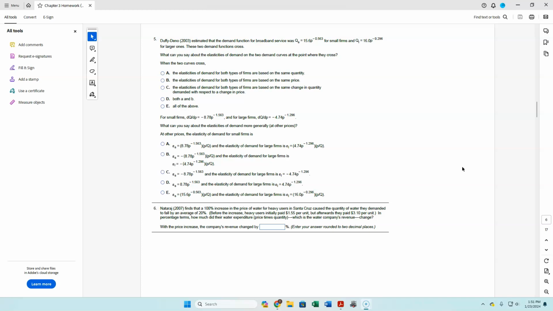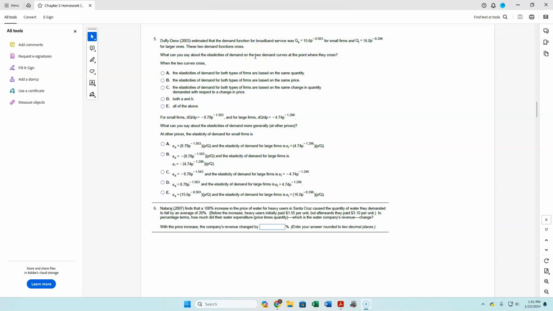You would never see me do this to you on an exam. I would not make it Q subscript S because that might make you think quantity supplied. Instead, they're saying quantity from small firms and then quantity from large firms, Q subscript L. Okay, so the nature of this form here is 15.6p to an exponent, and then for large firms, 16p to an exponent. And then we're asked to say, what can we say about the elasticities of demand on the two demand curves at the point where they cross?